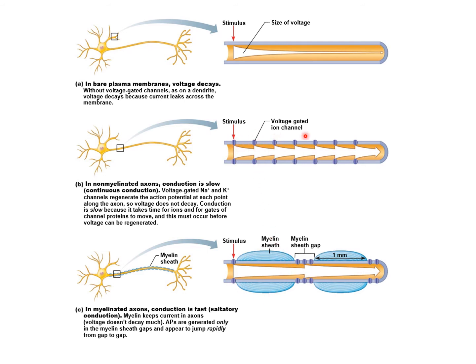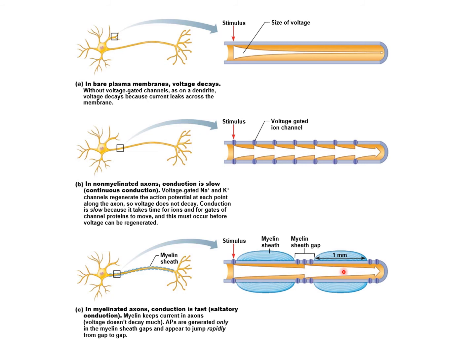So you need channels really close together. Here, the charge is mostly preserved. It's weakening a little bit, but it's mostly preserved inside the axon, along the Schwann cell. Once we get to the node, these channels open up, sodium rushes in, and you restore the previous strength.